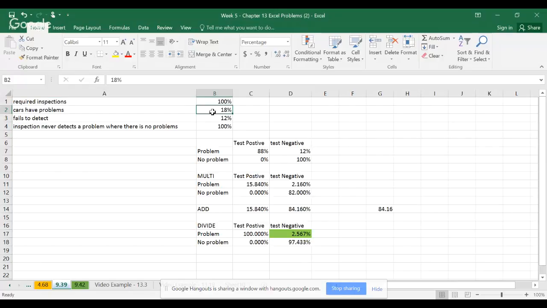If they said 82% of cars have no problems, then the inverse is the other one, not that one. It depends a little bit on the problem, but it's easy to get these confused if you're not paying super close attention. It's whether or not it occurred.